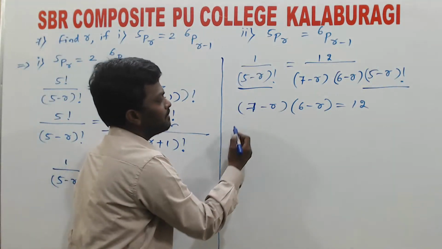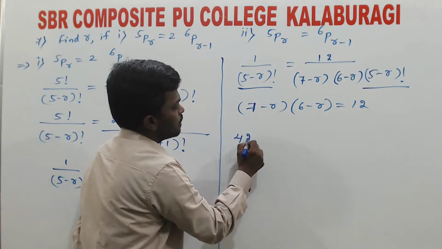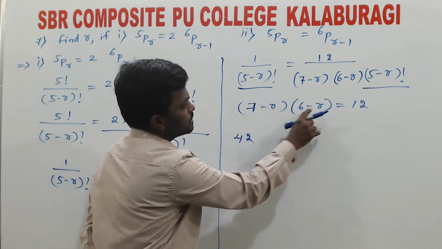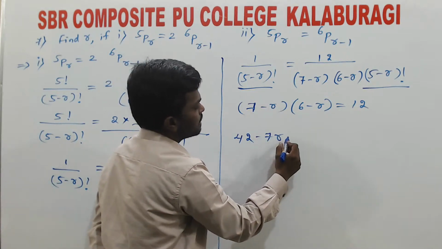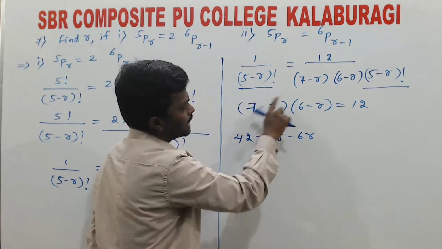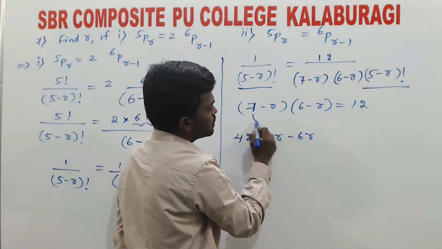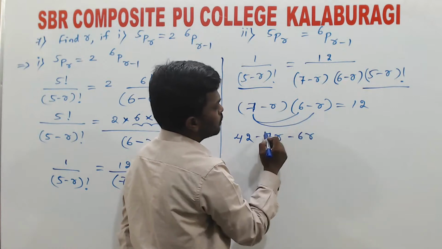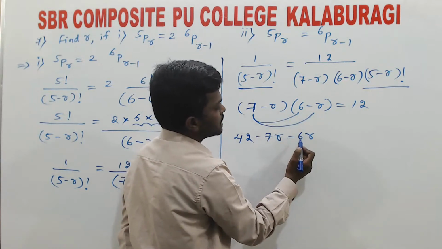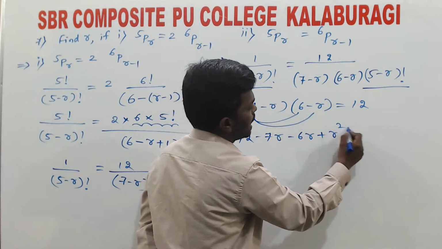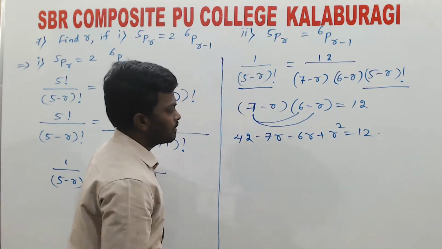Now just simplify this one. 7 sixes are 42, then 7 into minus r, minus 6r, plus r square, keep on multiplying. So 7 into 6 is 42, minus 7r minus 6r plus r square is equal to 12, right?